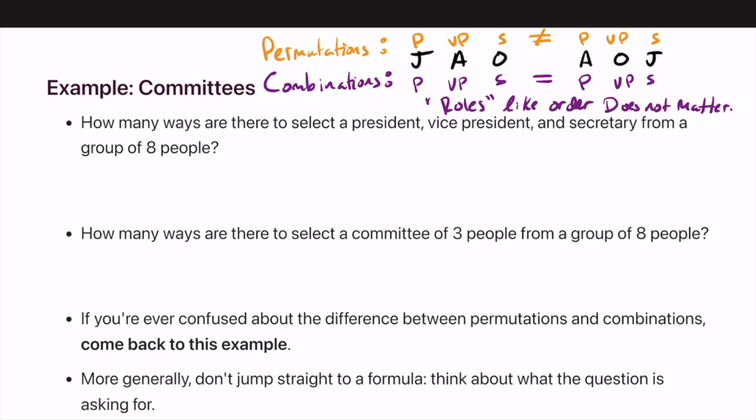So let's just do the math. Here we have 8, 7, and 6. So we've got 8 people. And this would be like saying the president, vice president and secretary.